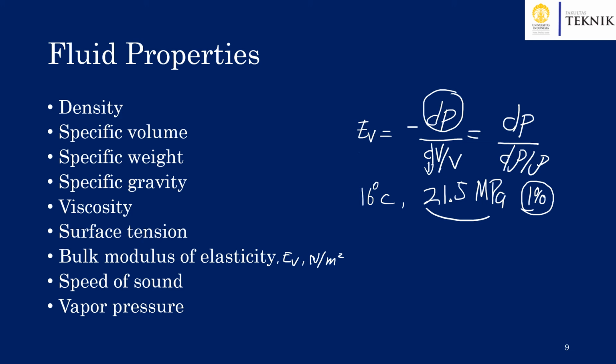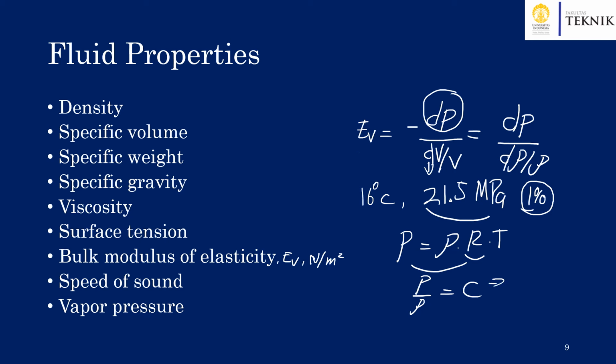We know the ideal gas law can be written as P equals density multiplied by R and temperature, where R is the ideal gas constant, so the bulk modulus of elasticity of a gas will depend on the process being applied to that gas itself. If the process to compress the gas is an isothermal process where the temperature remains constant, then the pressure over density will remain constant.